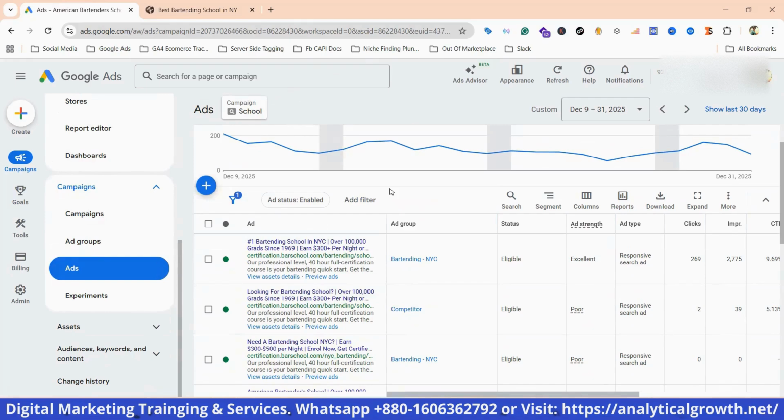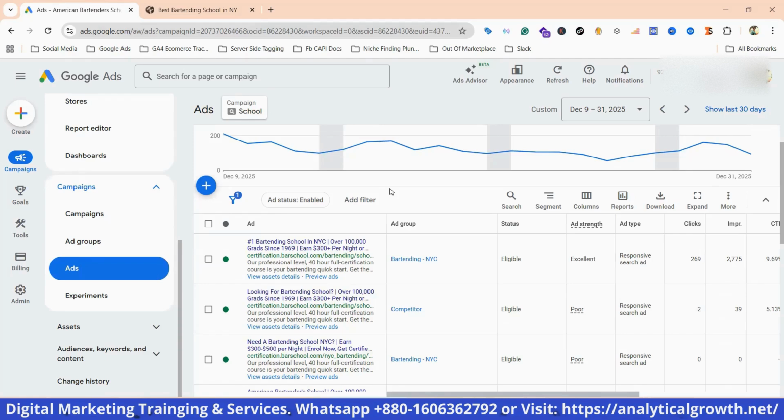So if the cost per lead is more than $25, for the first month I'm talking about, if the cost per conversion for an ad was more than 25 to $26, then I pause this ad and I create the winning one.